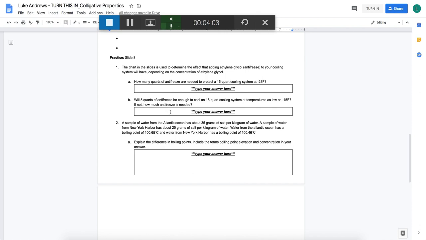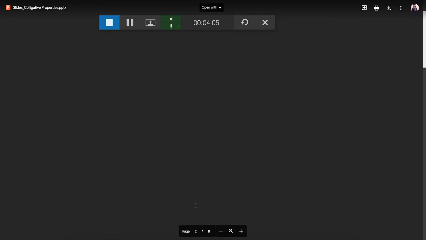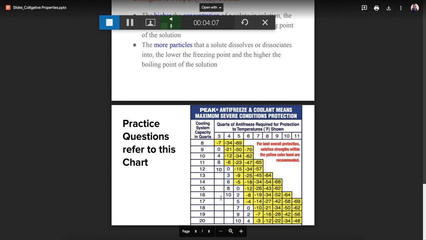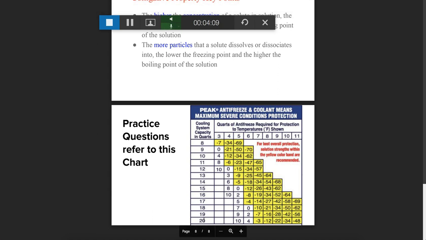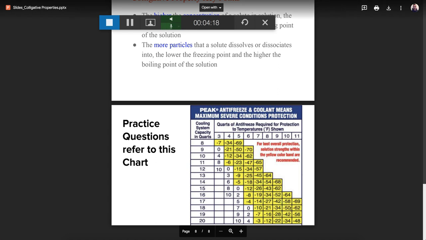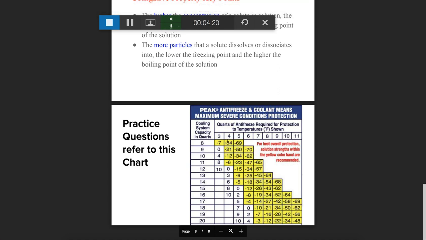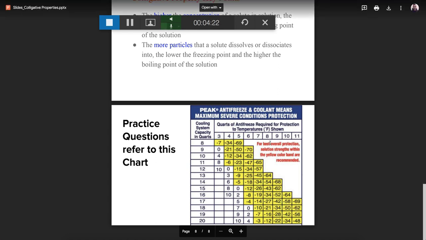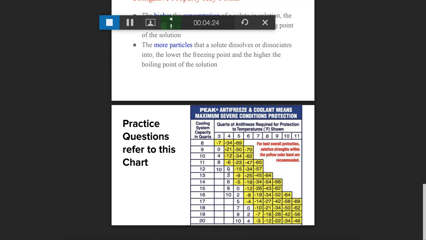These practice questions are based on this chart right here, interpreting this chart. You have the size of the cooling system in your truck or your engine or whatever you have it. And then you have the temperature to which the engine will be protected with different amounts, different concentrations of antifreeze.